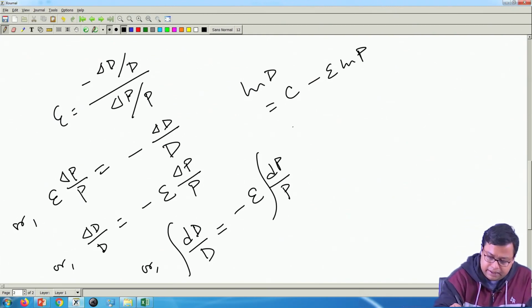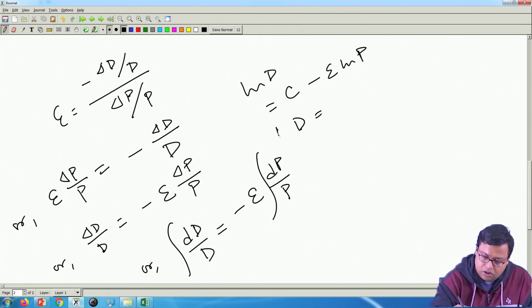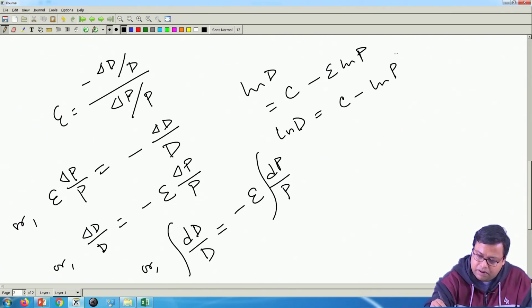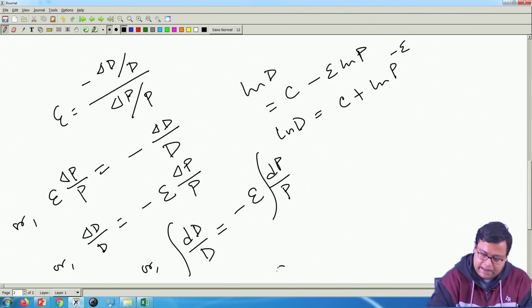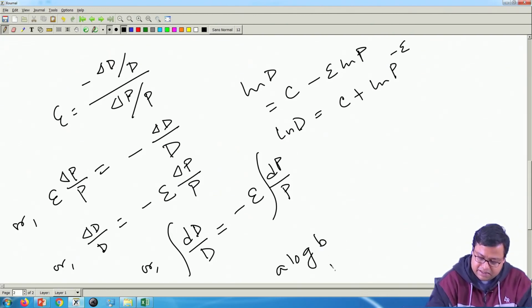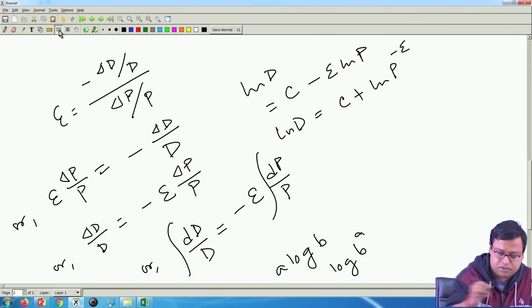So, then ln d is equal to c minus ln p to the power minus e. This is a formula: a log b can be written as log of b to the power a. That particular formula I have used here.